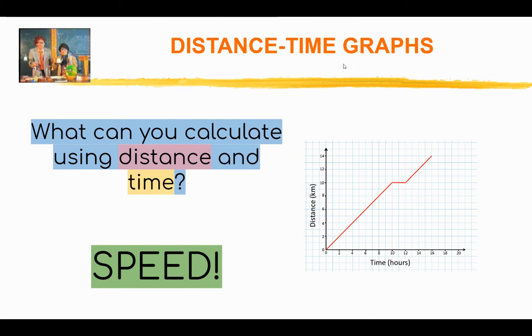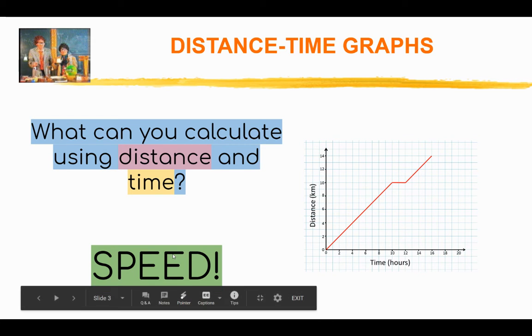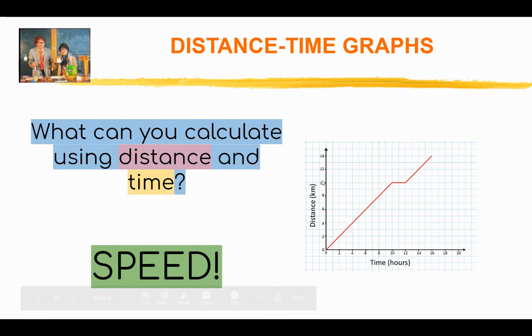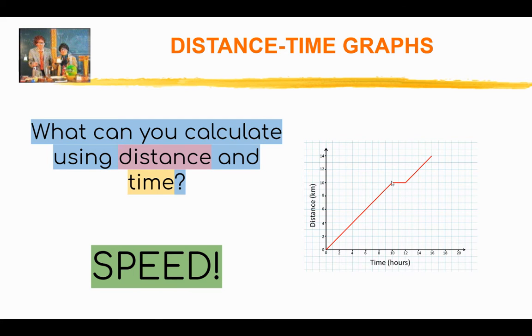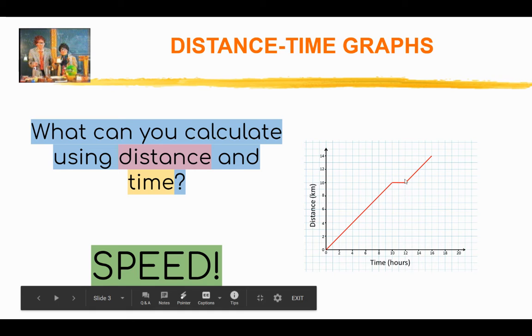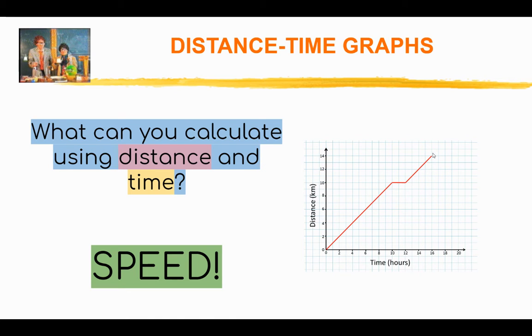Distance over time graphs. What can you calculate using a distance and time graph? You can calculate speed because the distance traveled divided by time is speed. This would be kilometers per hour. So we can measure it from here to here, or we can measure it from here to get the average distance over time.